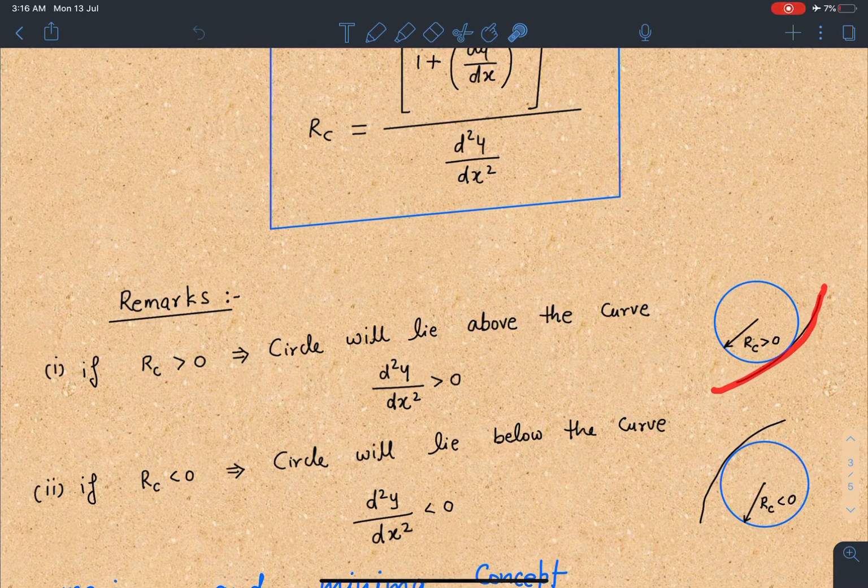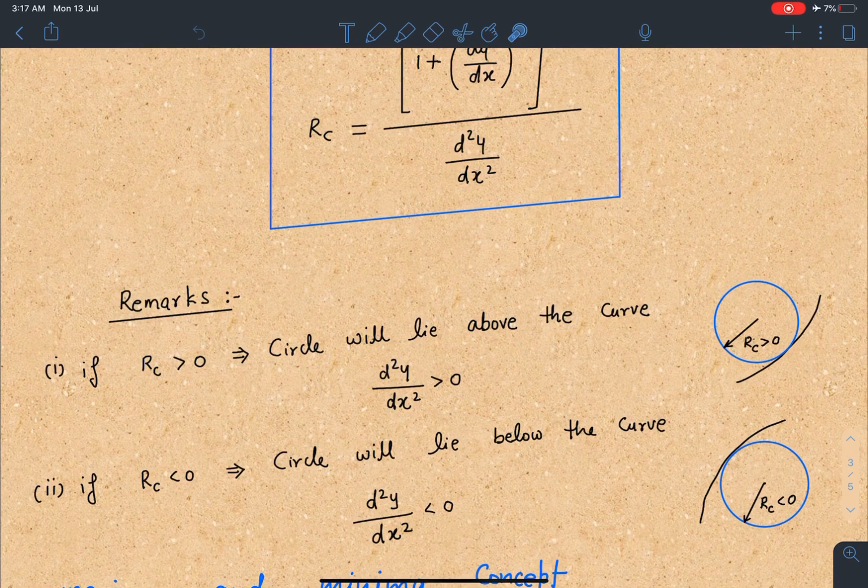This is the curve, and at some point it will be opening slightly upwards so that the circle can lie above the curve. In that situation, the radius of curvature will be taken as positive, or we can simply say this type of curve opening gives us the double derivative to be positive. All right.